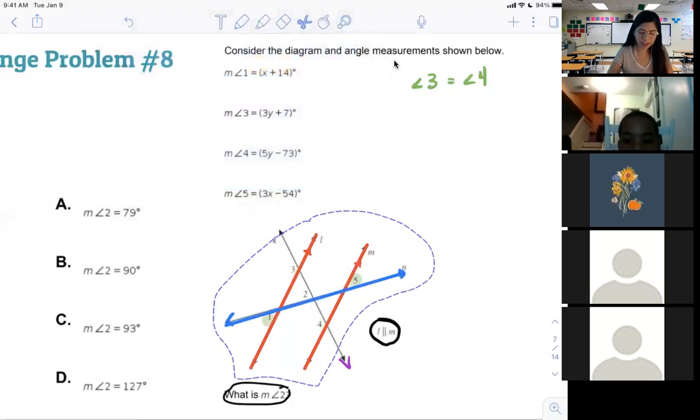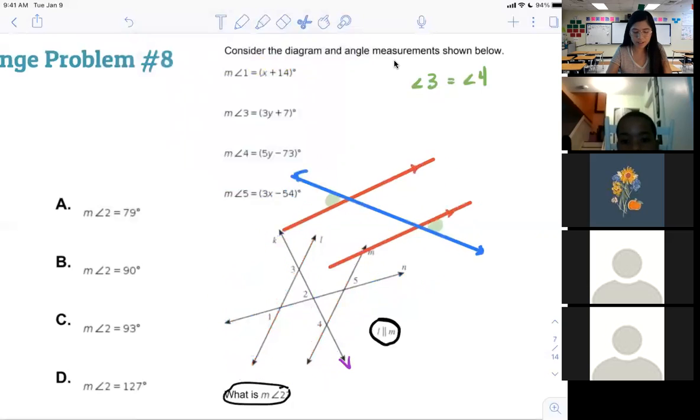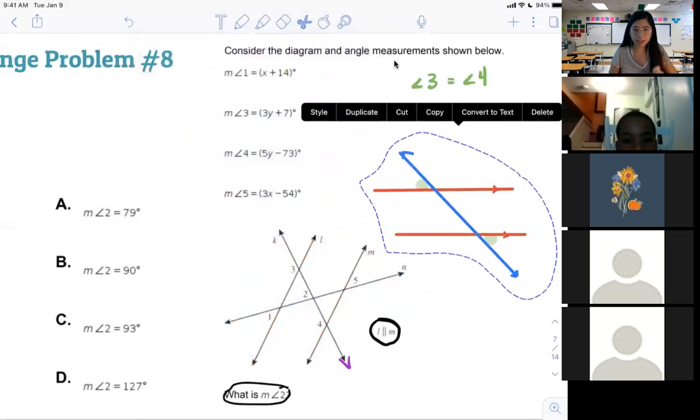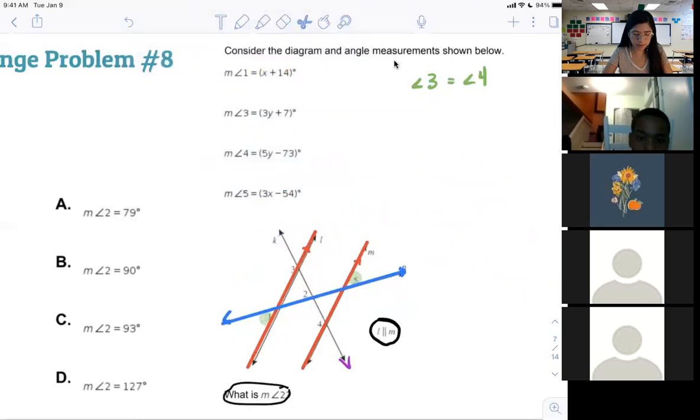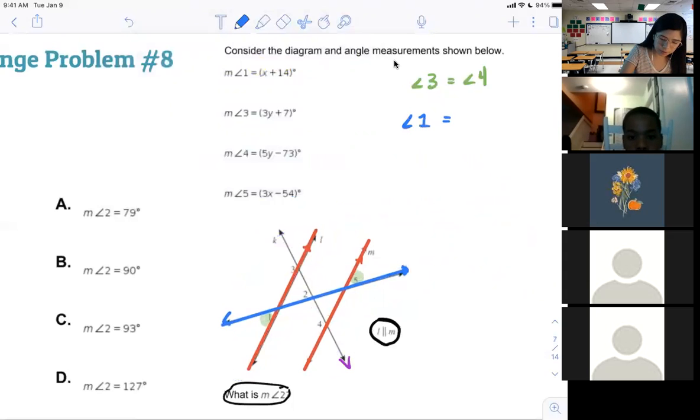Again, I can take this out so you can see it more clearly. Notice how those are the same, right? Can you visualize it? Okay, they're the same. So let me put them back. Now I know that angle 1 is equal to angle 5.